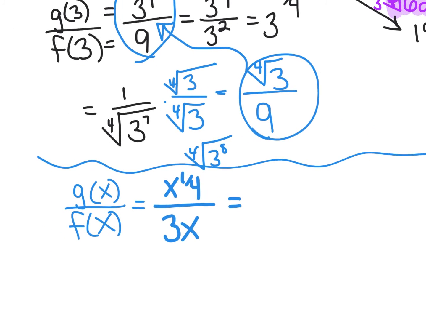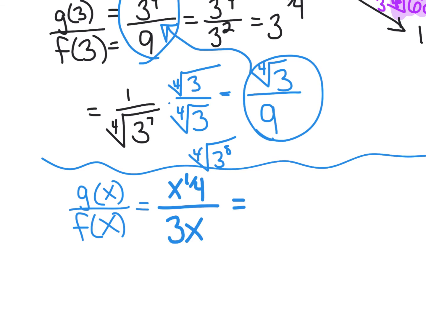So again, here I would probably try to clean this up a little bit. I recognize that I've got like bases, and I think the same thing is going to happen as before. If I keep the base up top and do the top minus the bottom, exponent 1/4 minus 1 is negative 3/4 over 3. And then it becomes 1 over 3x to the positive 3/4.